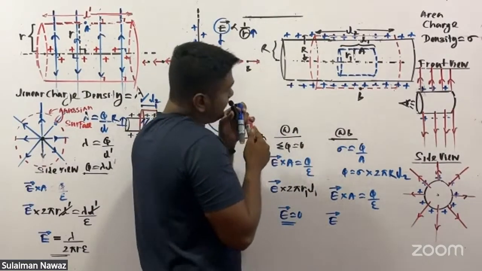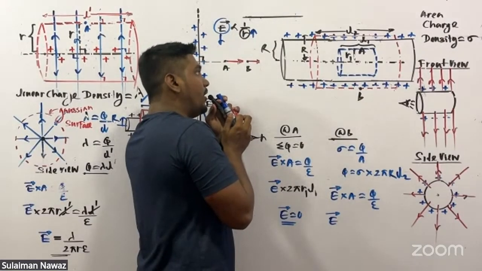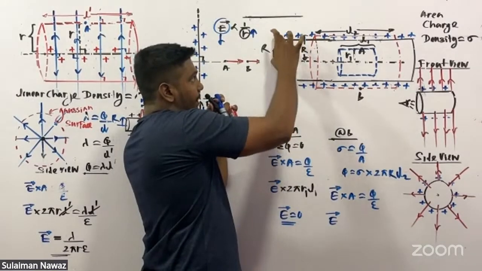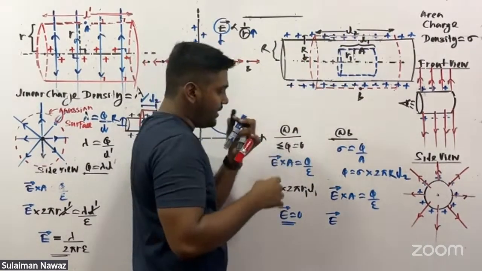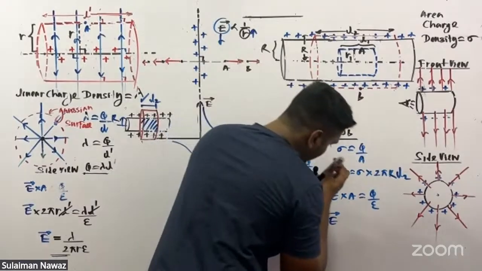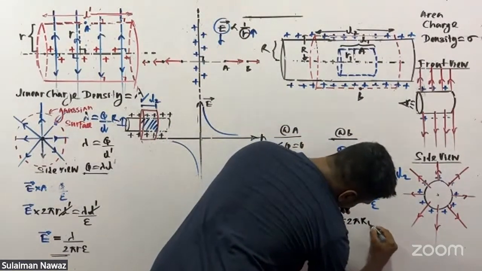Capital A means Gaussian surface area. What is the Gaussian surface area going to be? 2 pi capital R, with Gaussian surface length L2: 2 pi R L2.